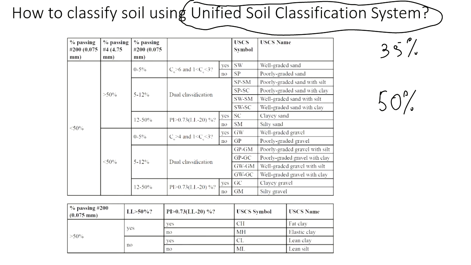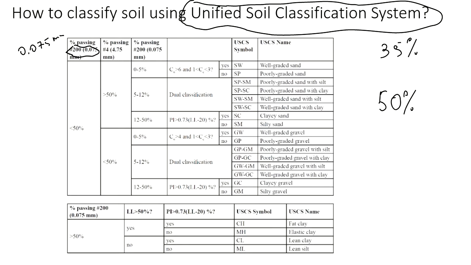So if we have less than 50% fines, meaning soil passing through the sieve, the sieve is called number 200. It correlates to the size of 0.075, which is the boundary between fine grain soil and coarse grain soil.